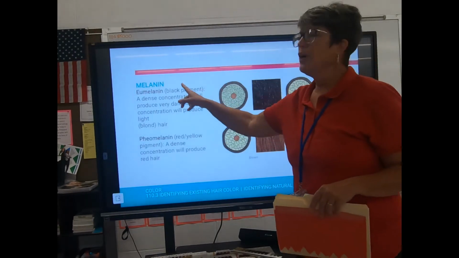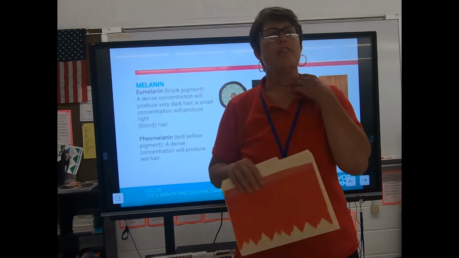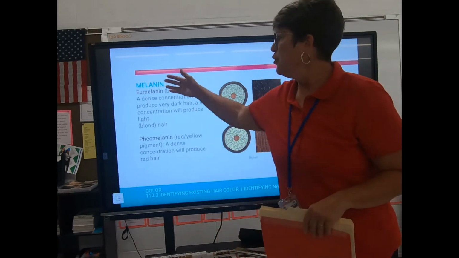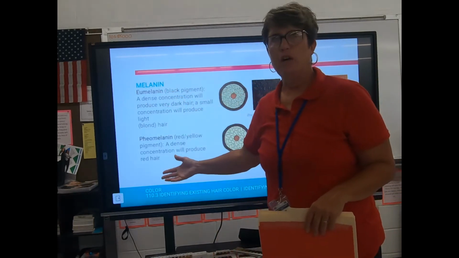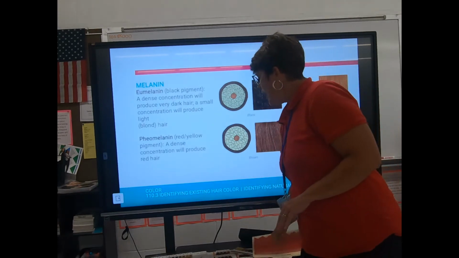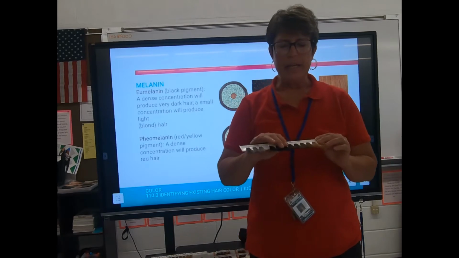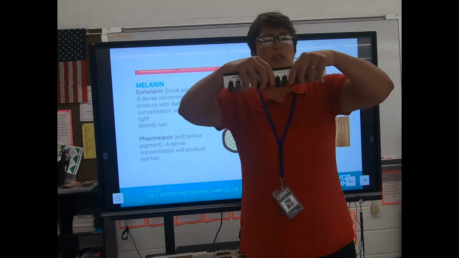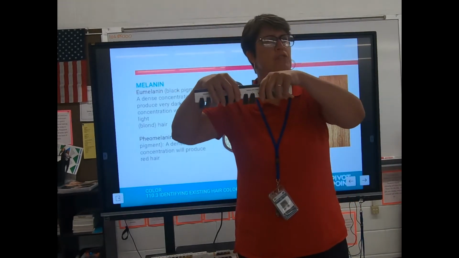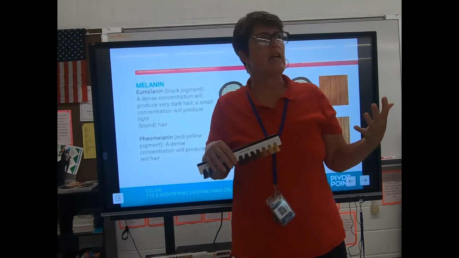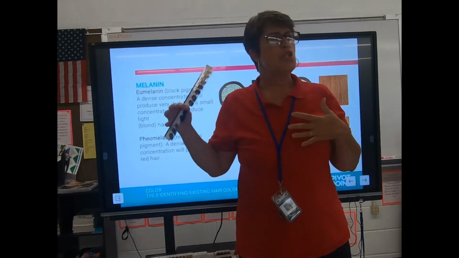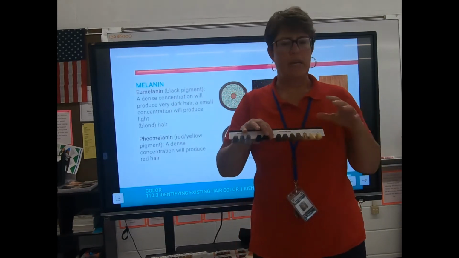All right, there's two kinds of melanin that contribute to everybody's hair color. There's eumelanin and there's pheomelanin. I told you in a previous class that around here, naturally we see a lot of 4s and 5s just because of the people that settled this area. Maybe German descent, English descent, whatever.